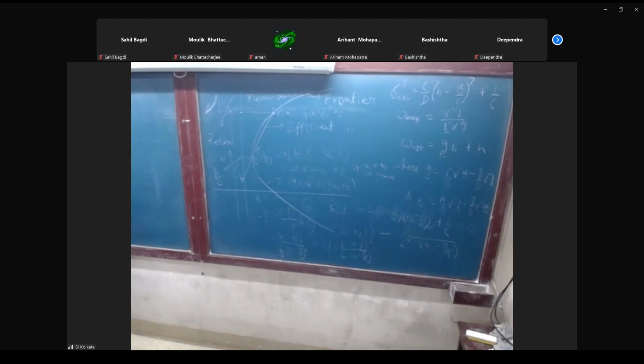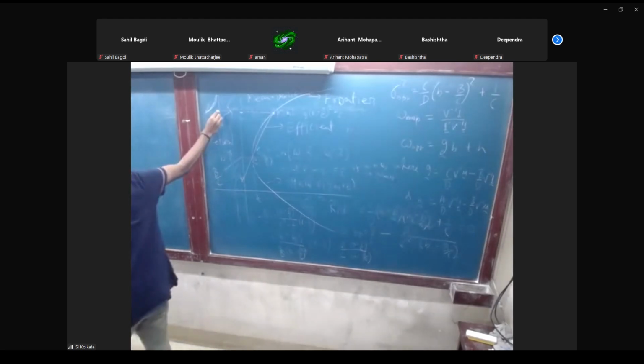And when we're trying to draw a line passing through the origin from one point, it has to be on the other side of the graph, right? So this is the origin.